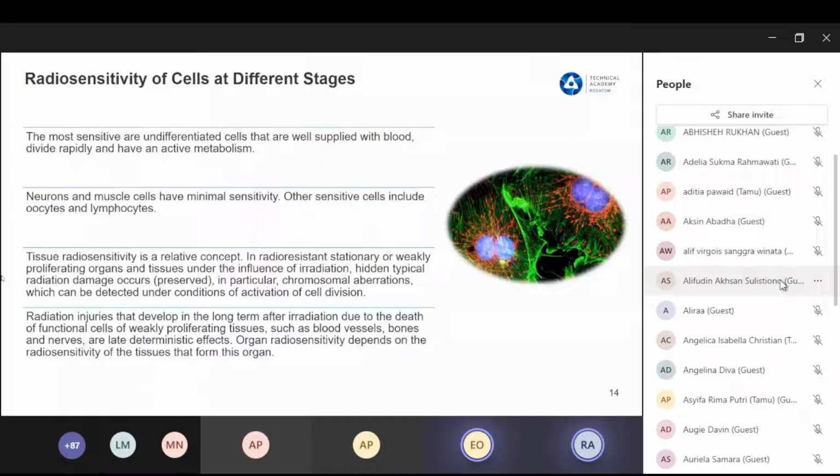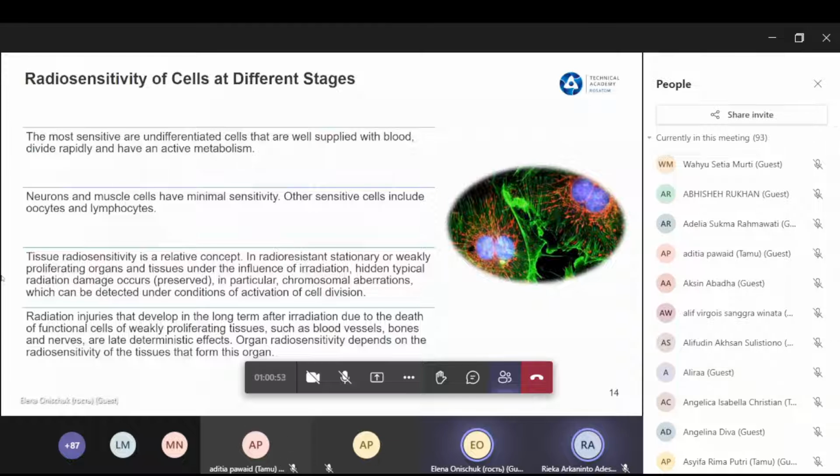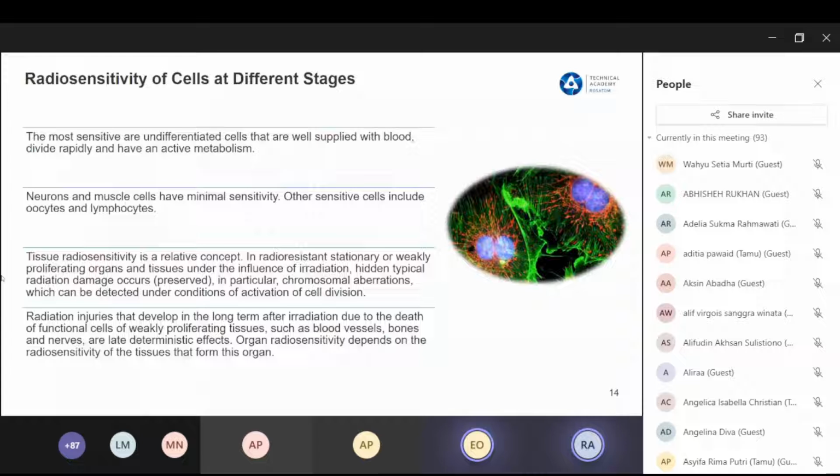In particular, chromosomal aberrations, which can be detected under conditions of activation of cell division, for example, in the processes of post-traumatic regeneration.